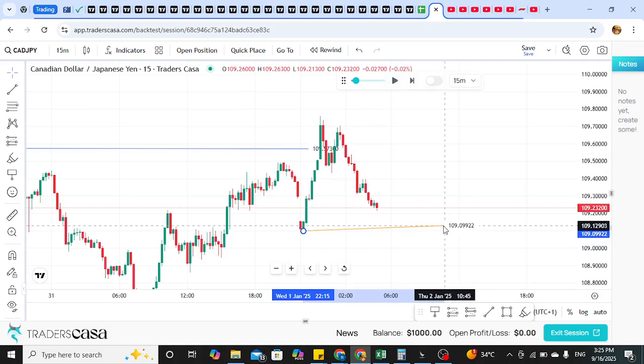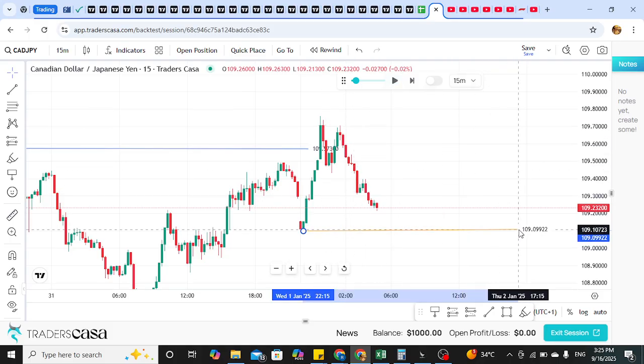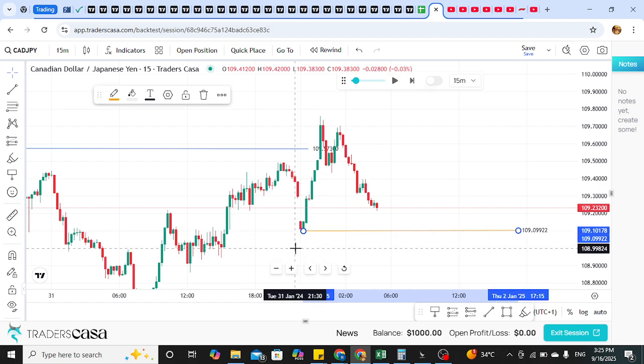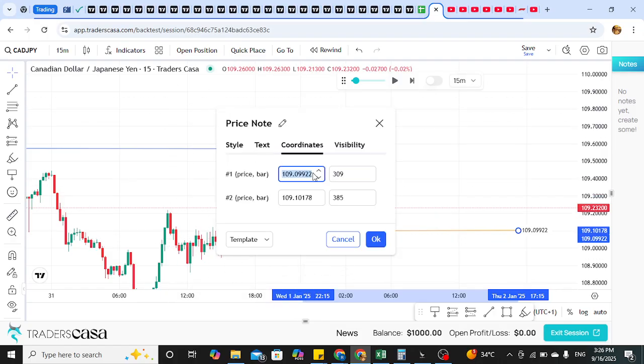Let's put this here. Okay, what's the low here? The low here is 109.1030.